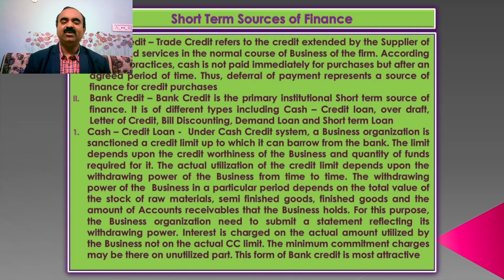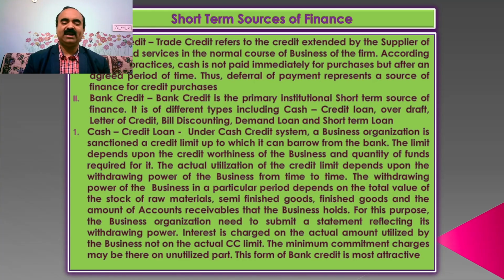The actual utilization of the credit limit depends upon the withdrawing power of the business from time to time. The withdrawing power depends on the total value of the stock of raw materials, semi-finished goods, finished goods, and the amount of accounts receivable that the business holds.